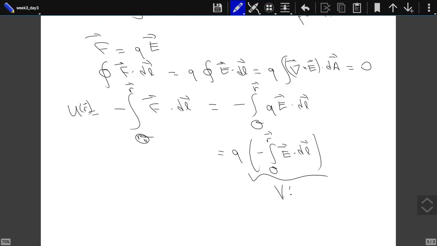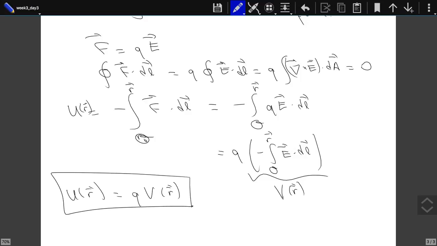But this is nothing but the potential at the point R. You see, the left-hand side is the potential energy. U is the potential energy of our system if I put a charge Q at the point R. And V of R is the potential.